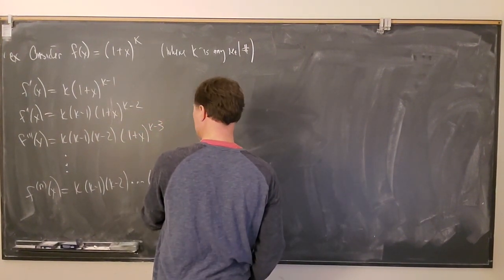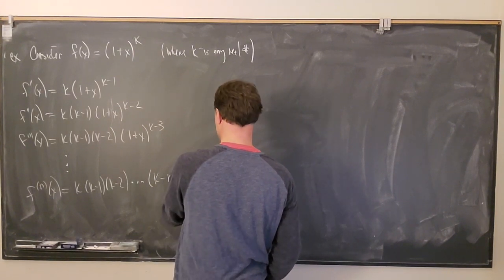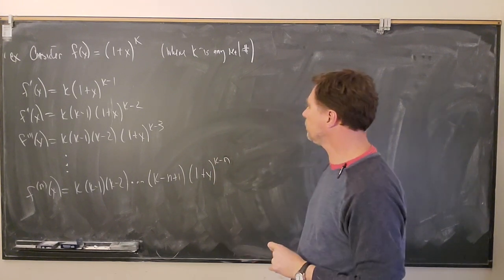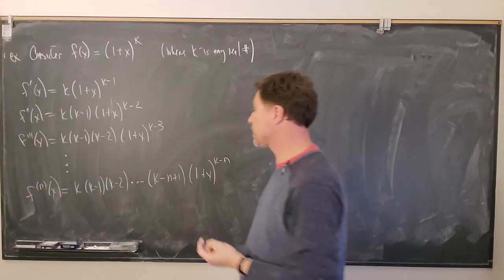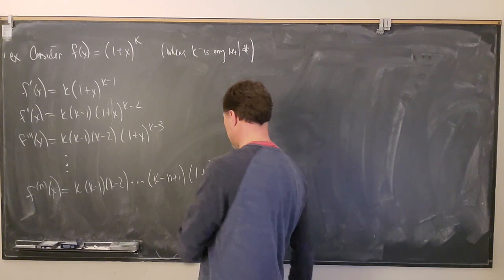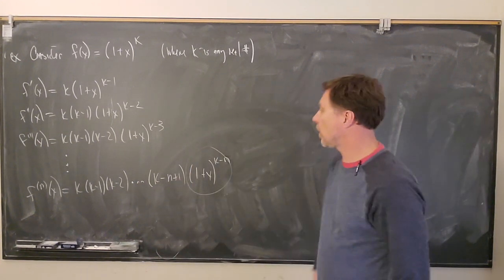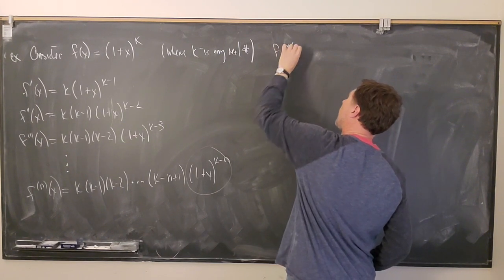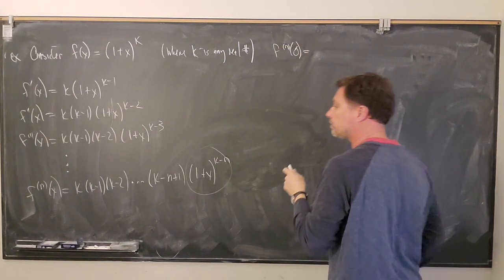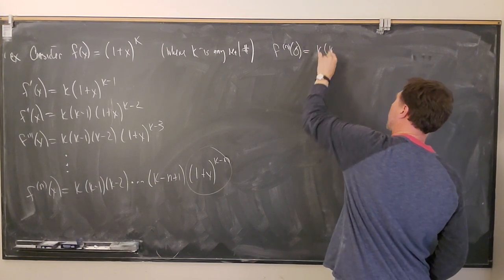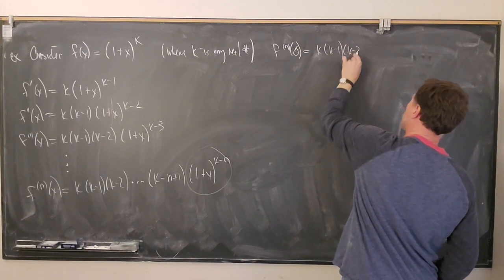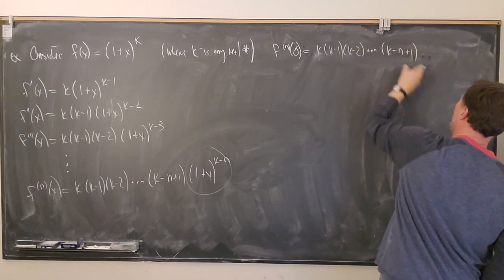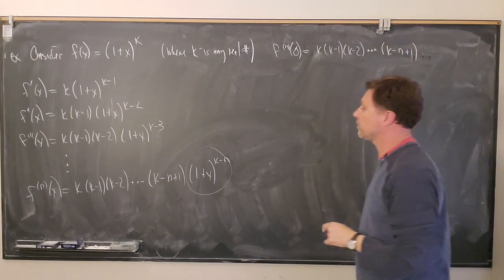And then we'll have 1 plus x raised to the k minus n. We want the Maclaurin series, so that would mean that we plug 0 in, and so that part's just going to be a 1. So what we get is the nth derivative evaluated at 0 is going to be k times k minus 1 times k minus 2 dot dot dot, and then eventually we get to k minus n plus 1. Right, there's the nth derivative.